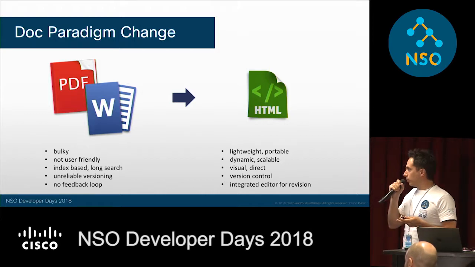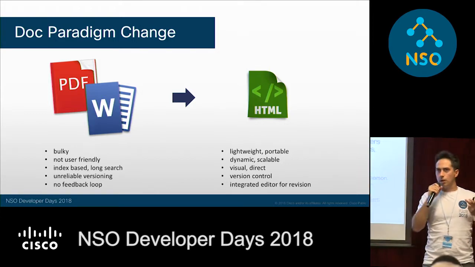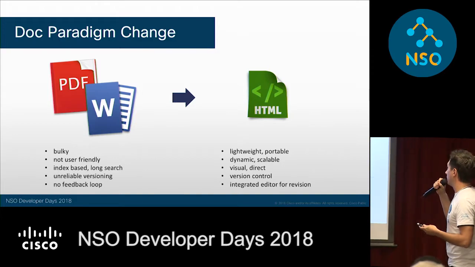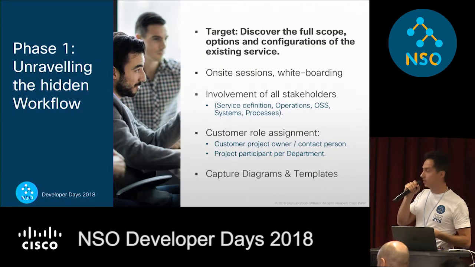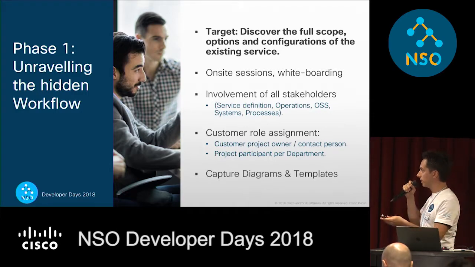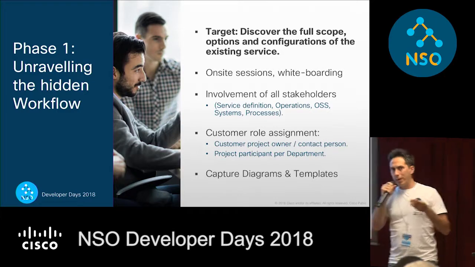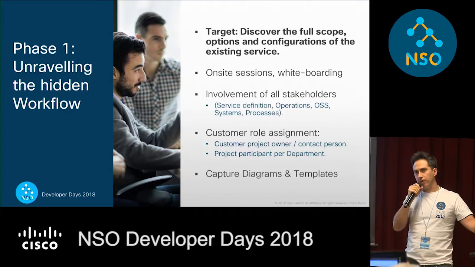So phase one of the requirement capture journey is about discovering what the service actually looks like today. That means we need to discover the full scope, all the options and configurations that the service is deploying, all the decisions being taken, all the considerations. We consider everything, and everything means also the failure scenarios.